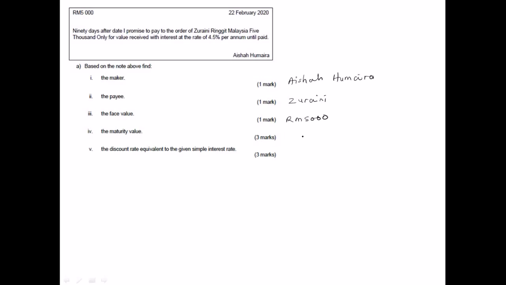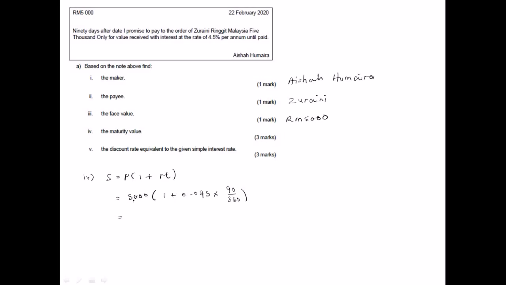The maturity value, we have to find by using S equals P(1 plus RT). P is 5,000, the original loan. 1 plus R, 4.5%, 0.045 multiplied by T, T is 90 days, so 90 over 360. We can calculate this straight away with our calculator.